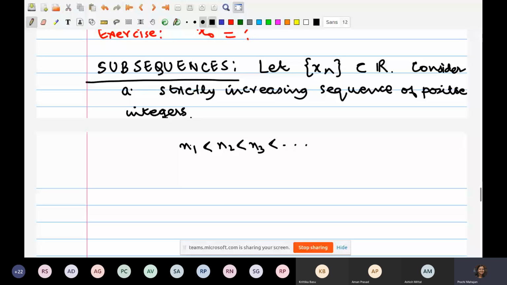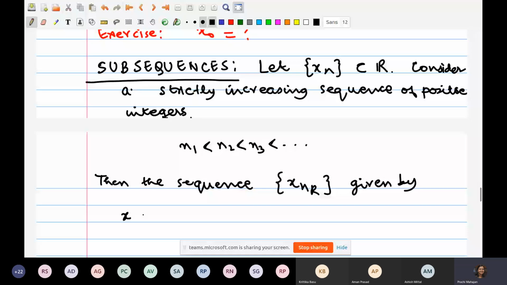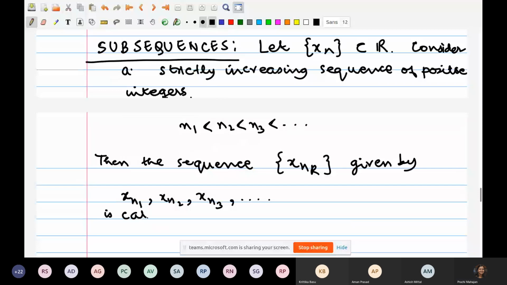So I will say that then the sequence xnk, given by xn1, xn2, xn3, is called a subsequence of the given sequence xn.